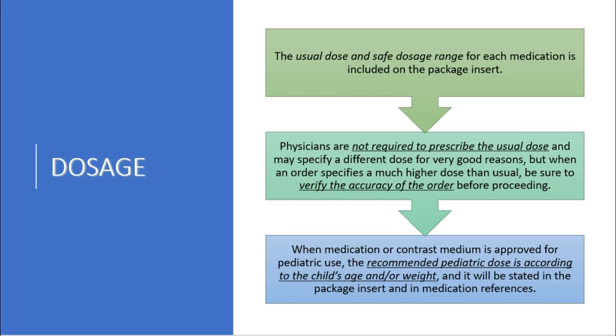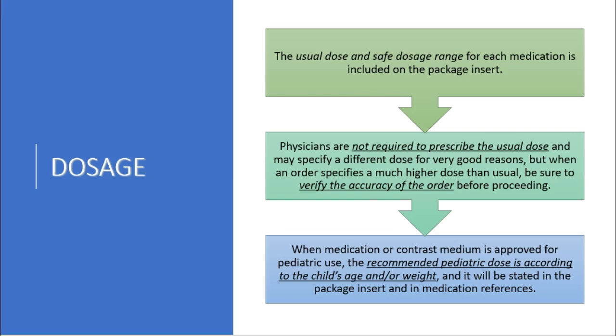All right, dosage. The usual dose and safe dose range for each medication is included in the package insert. If you have looked at the package inserts, oh my gosh, they're huge. They unfold into this big, huge 3x3 foot piece of paper, and the font is teeny tiny. You can look on there and see the recommended dose. I have looked at that before to see what the recommended dose is compared to what we're giving.